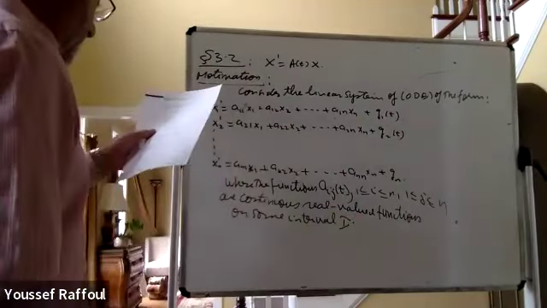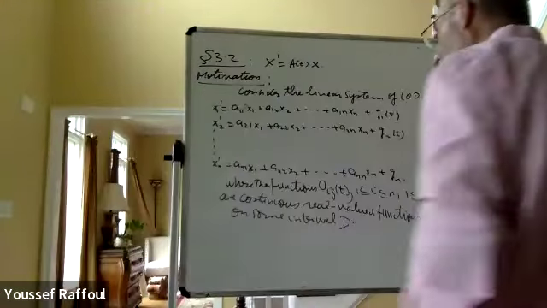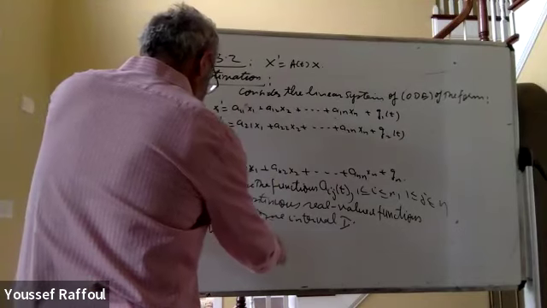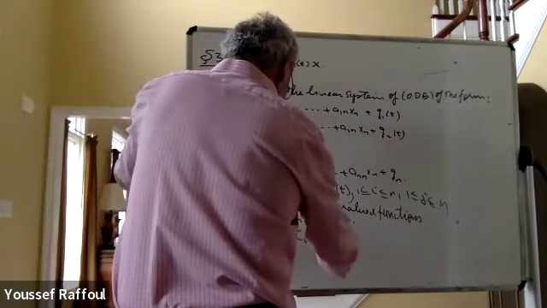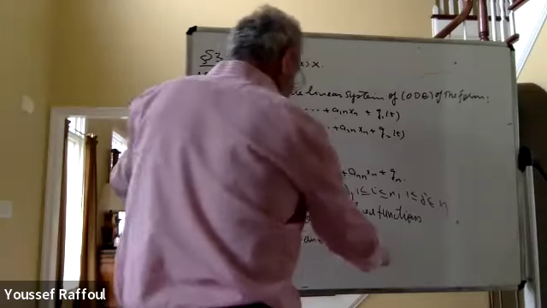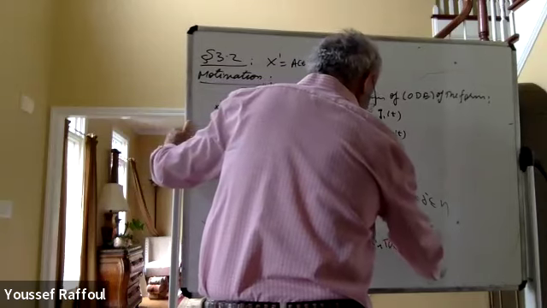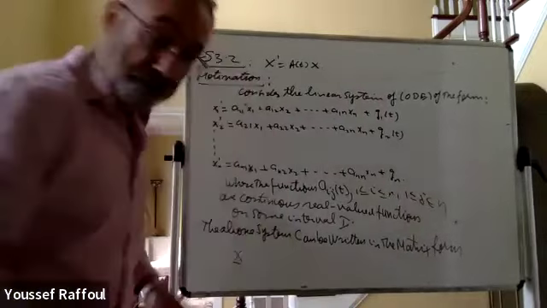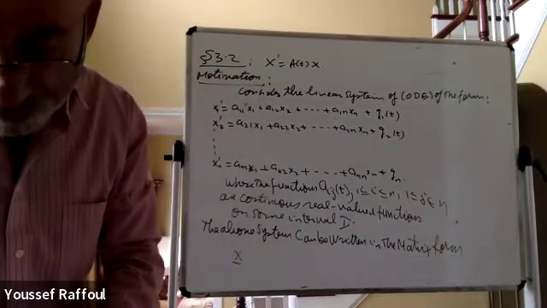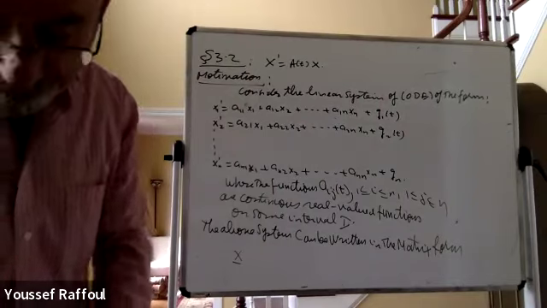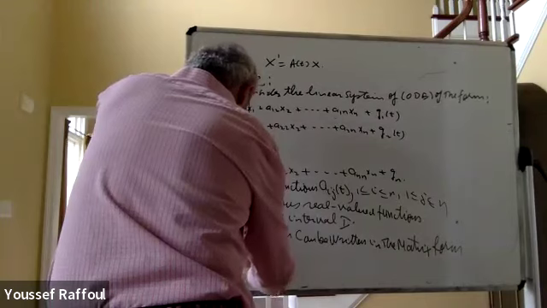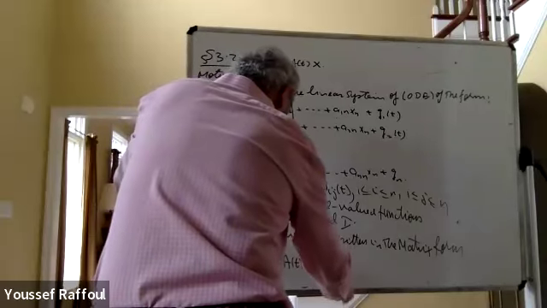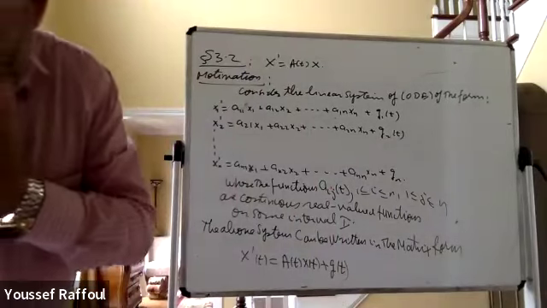Okay? So this system, the above system, can be written in the matrix form x prime of t equal A(t)x(t) plus g(t), and we're going to call it 3.2.1.